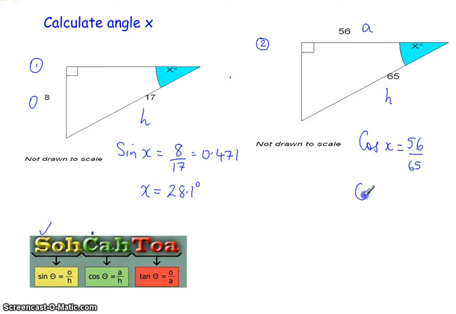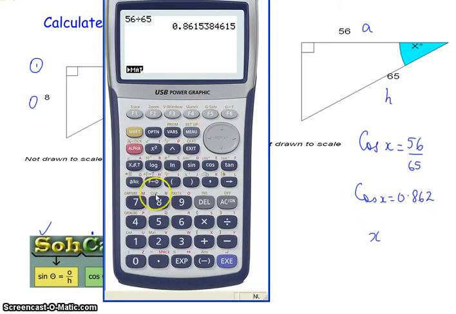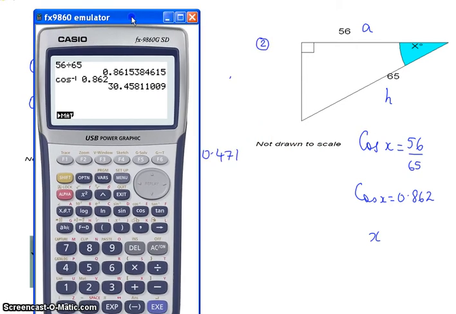So cos x equals 0.862, and to get x now we use a scientific calculator again and we press shift, cosine, 0.862, and that gives us 30.5 degrees to 1 decimal place.